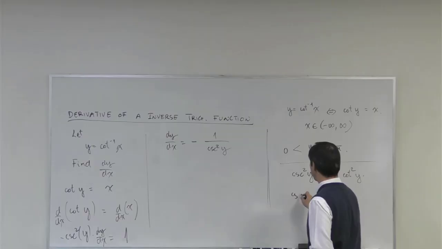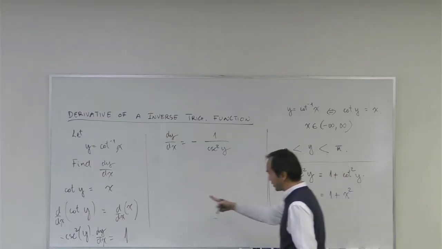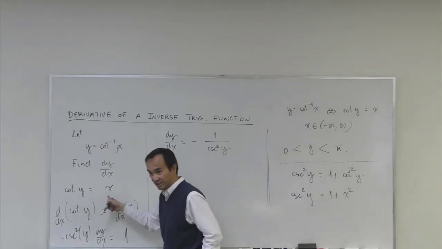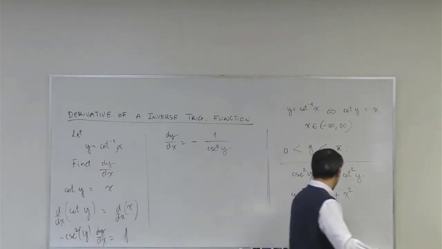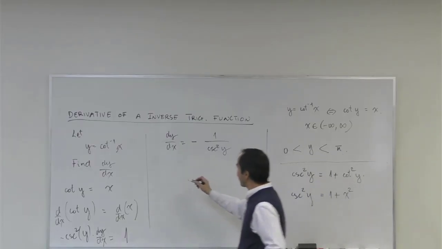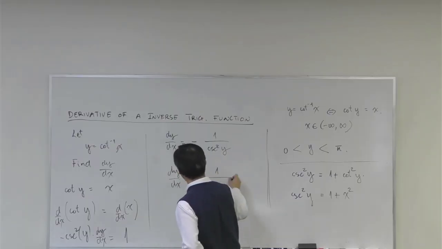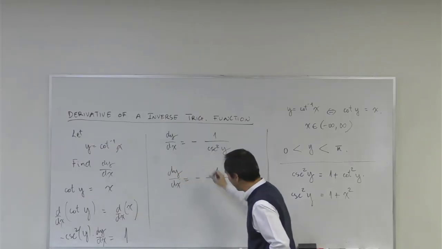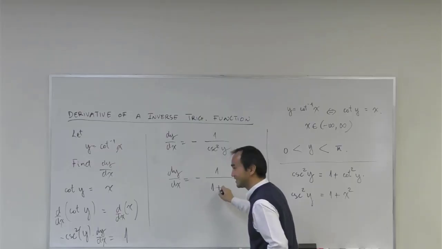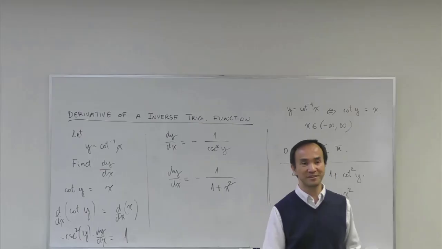Cosecant squared of y equals 1 plus x squared, because in our case cotangent of y equals x, so cotangent squared in the sum becomes x squared. And that's how I've found it: dy/dx equals negative 1 over, instead of cosecant squared of y, I'm writing 1 plus x squared. Okay, and we found another derivative.